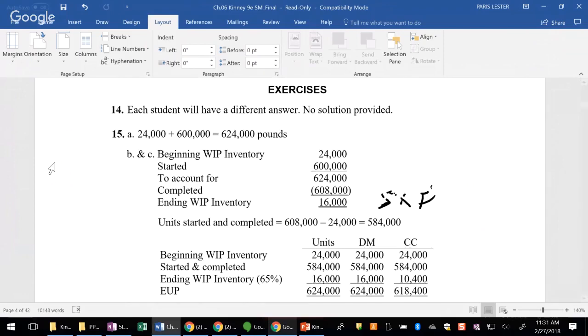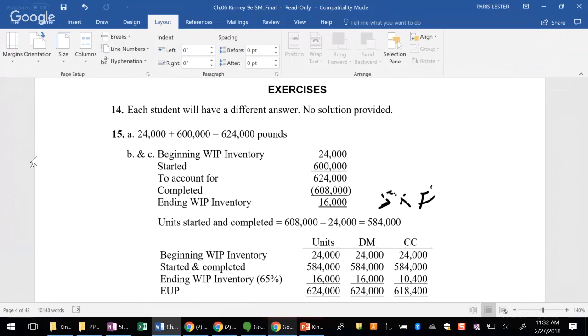And now if you're going to do equivalent units, take beginning inventory. Now, I ignored that. This is the way I do FIFO. I do FIFO usually that way, but I have a percent up here. Okay. But you can do it their way, or you can do it the way I've been showing you. I would have just taken units transferred out, 584, and then that ending inventory of 16.